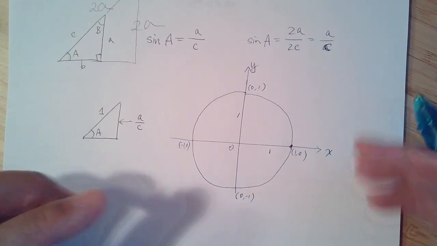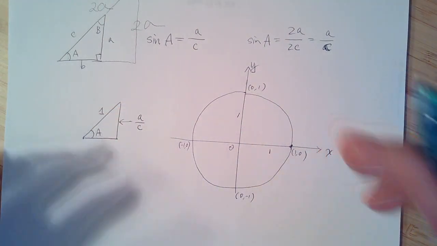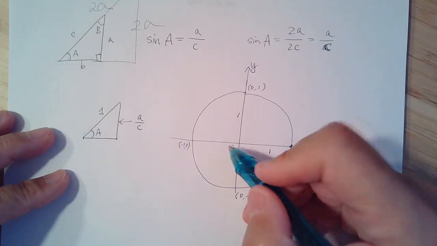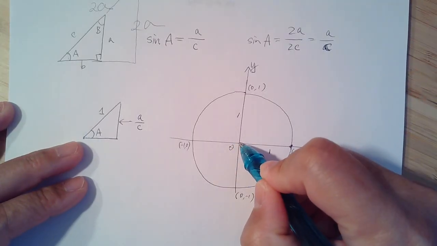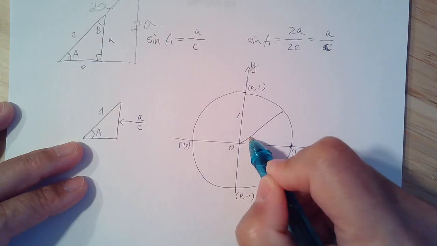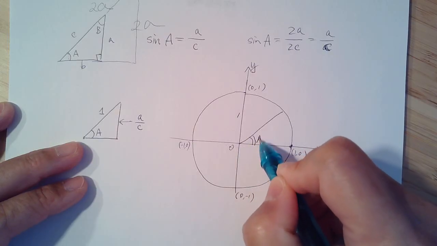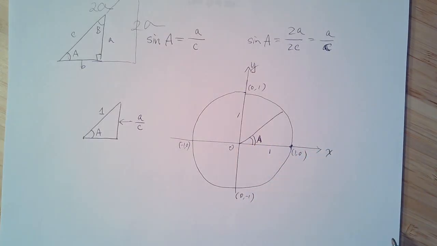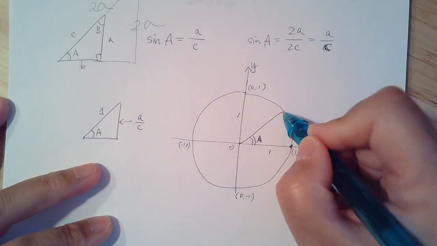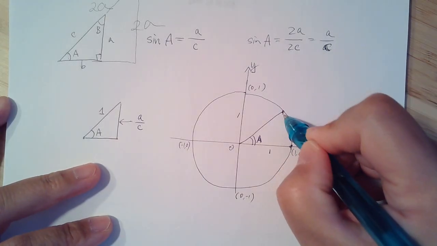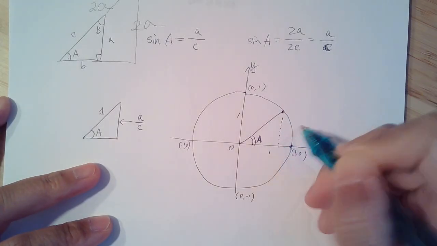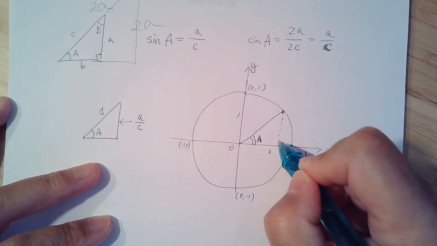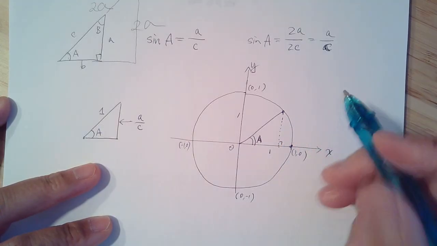Now, if I have this unit circle, it's like a standard pie. And then if I draw this angle A, what is going to be the sine A? What is going to be the cosine A? Now, if you draw a line down here, here's a 90 degrees, right? Goes vertical.